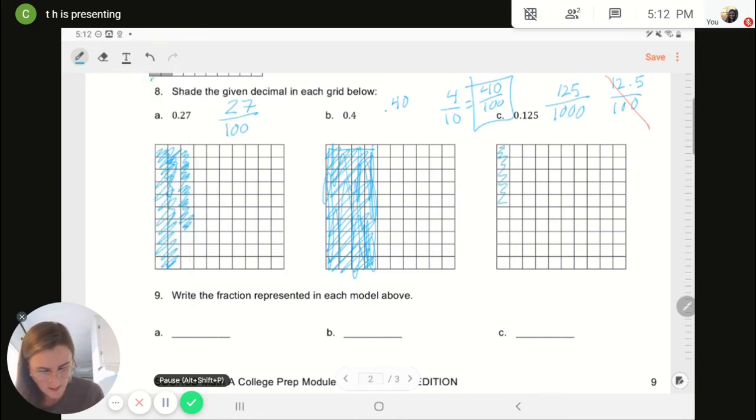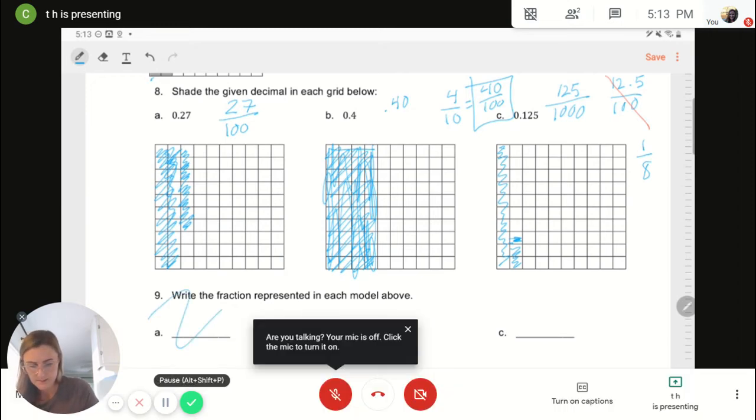So here are 10 here, and then 2 more, and then just half of a box here. Let's see if I can do this on the computer. Yep, just half of a box there. So if I were to write this, I would actually just reduce it, and this fraction reduced would end up being 1/8.